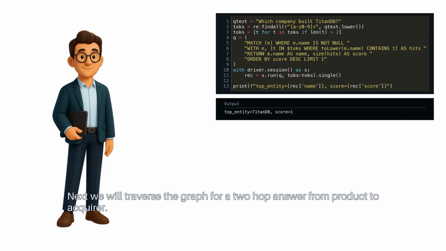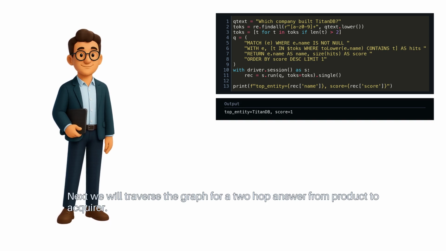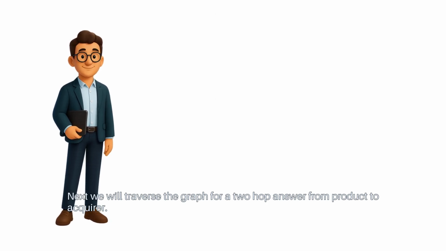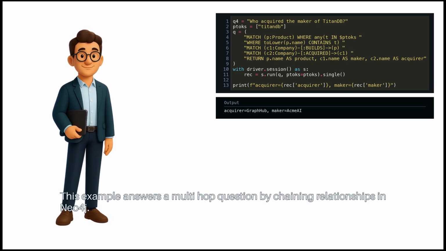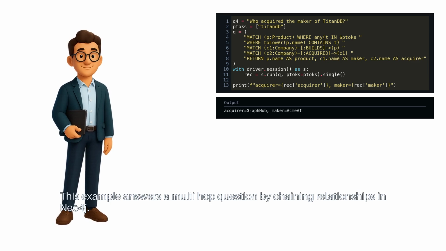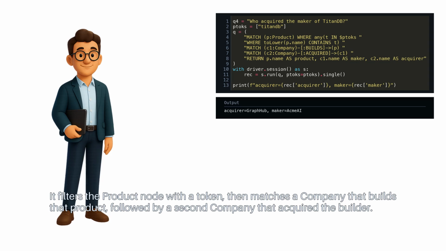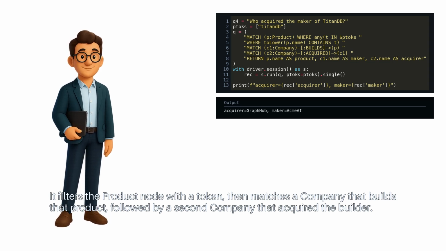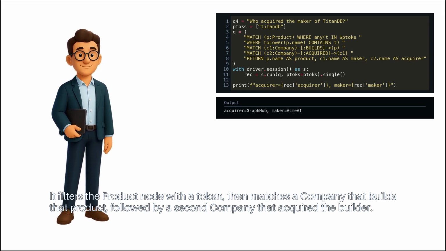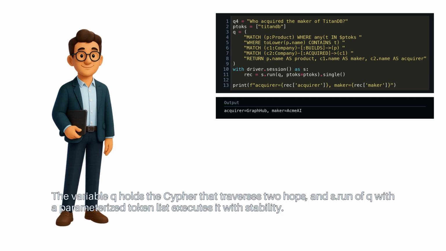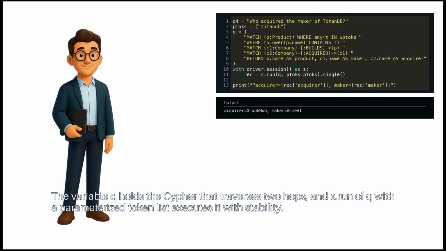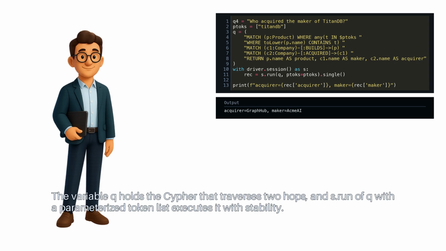Next, we will traverse the graph for a 2-hop answer from product to acquirer. This example answers a multi-hop question by chaining relationships in Neo4j. It filters the product node with a token, then matches a company that builds that product, followed by a second company that acquired the builder. The variable q holds the Cypher that traverses 2 hops, and s.run of q with a parameterized token list executes it with stability.